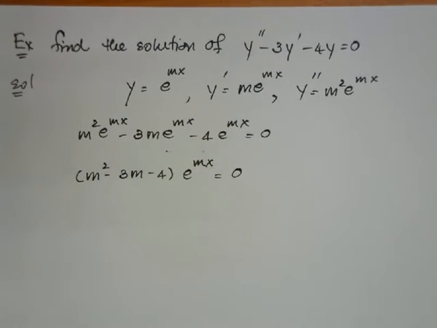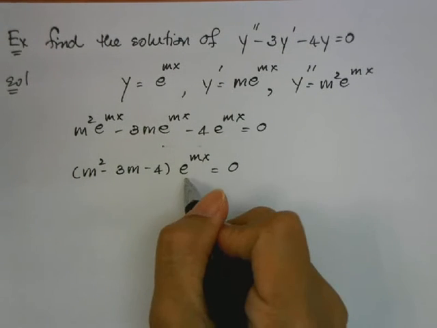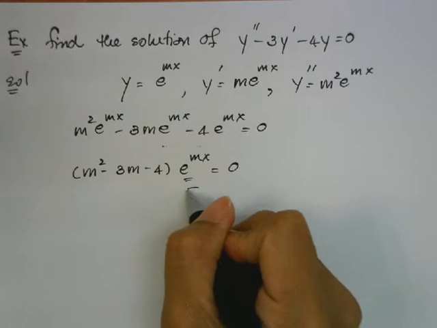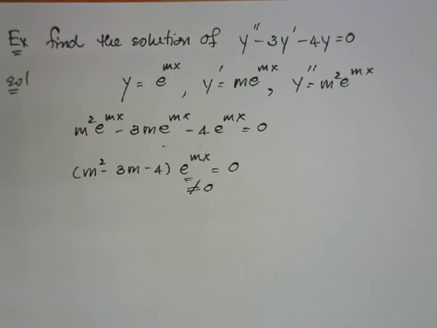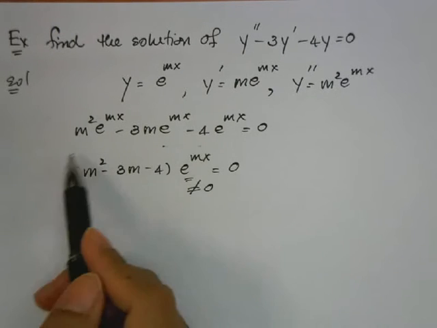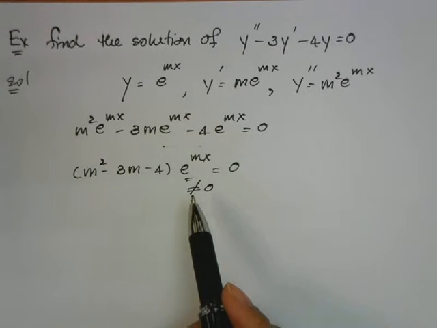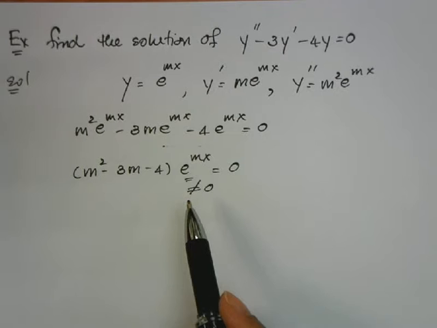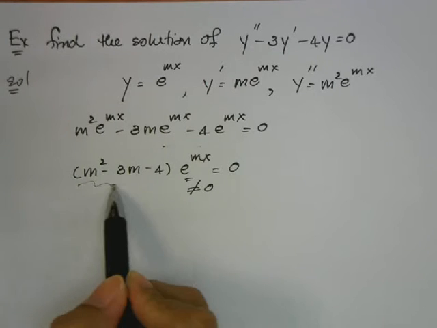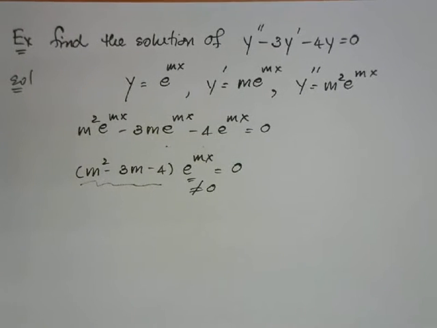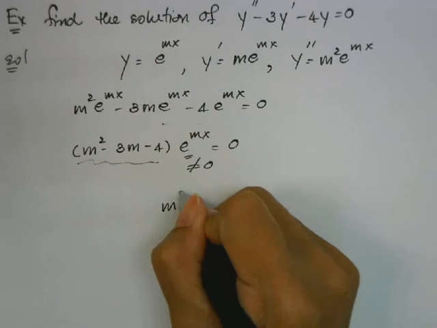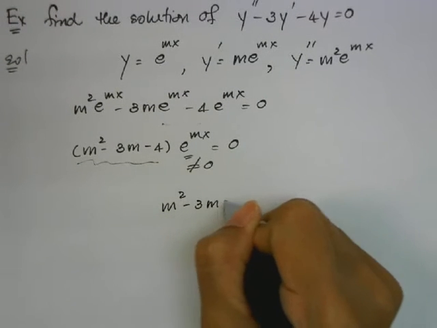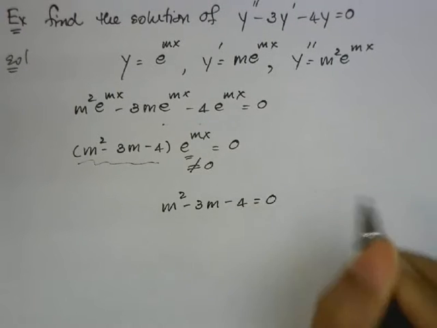As I mentioned before, exponential of mx shouldn't be equal to 0. So the only way out is that the term inside the parenthesis should be equal to 0. So I can write down that m squared minus 3m minus 4 is equal to 0.